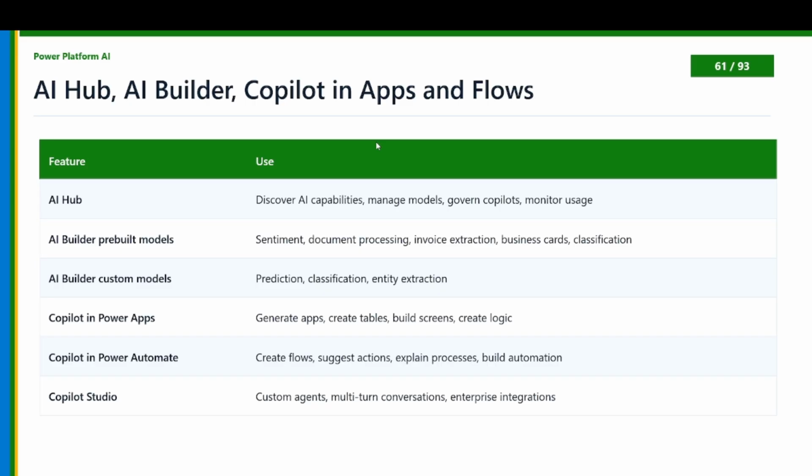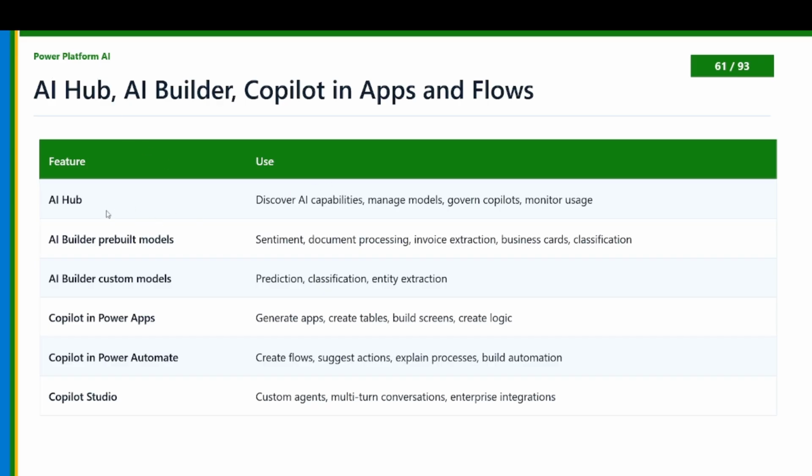Either in Copilot or Power Platform or Office 365 or Dynamics 365, it is applicable. So we have AI Hub, AI Builder, Copilot in apps and flows. Again, let's look at the following features in Power Platform AI and their use cases. All these features are in Power Platform AI as well. You can see Power Platform here and their use cases.